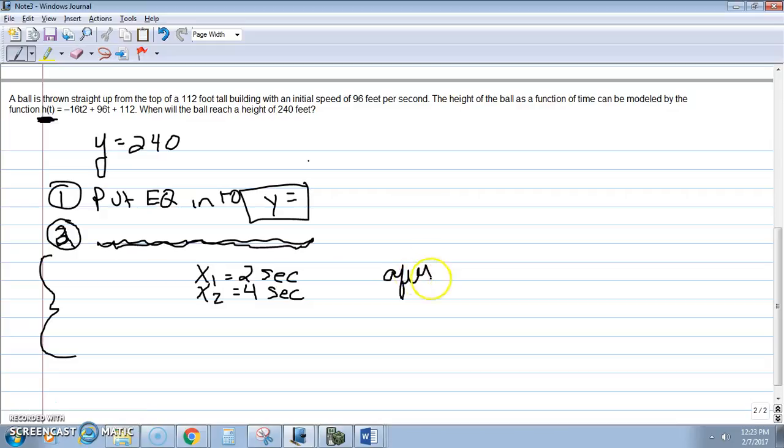After 3 seconds, the ball is at 256 feet.